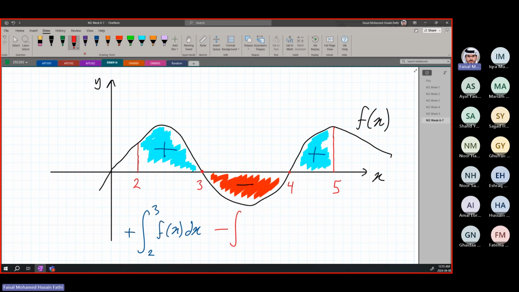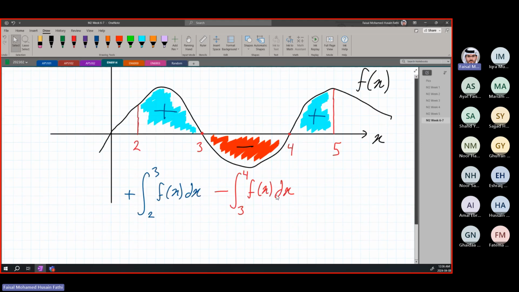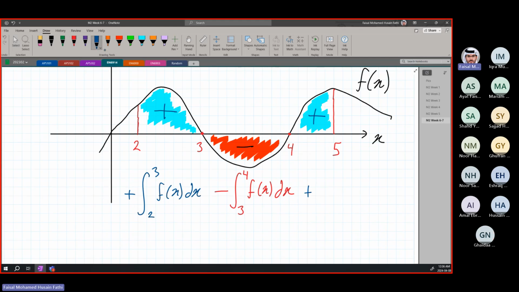It starts from 3 and ends at 4. So from 3 to 4 of f of x dx, it's the same integration, the same function. The integration will be the same, only the limits are changing. Then again, from 4 to 5 is plus. So from 4 to 5 of f of x dx. And that's it. This is it.